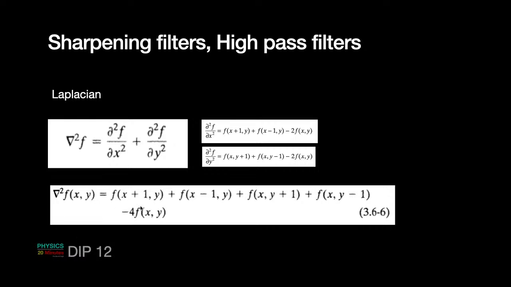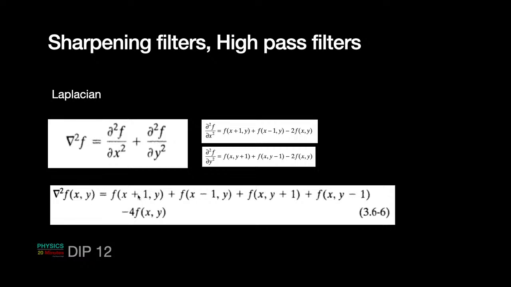We have already seen two kernels earlier: one is the averaging kernel, 1 1 1 1 1 1 1 1 1, and the other one was the Gaussian kernel. Now in this class we are going to learn how to implement these new kernels.